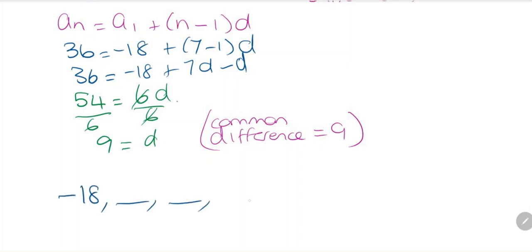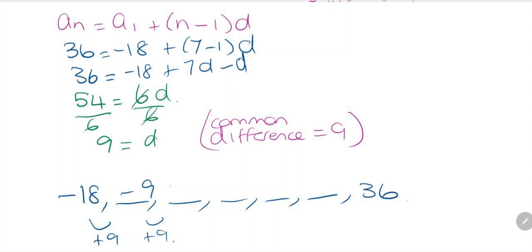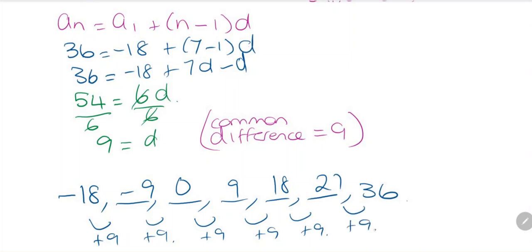So the final step, if we look back at our sequence, we were told that we had minus 18, and then we had 3, 4, 5, and the final term was 36. So we know that the common difference is add 9. So minus 18 plus 9 is minus 9, plus 9 is 0, plus 9 is 9, plus 9 is 18, plus 9 is 27, and plus 9 is 36.